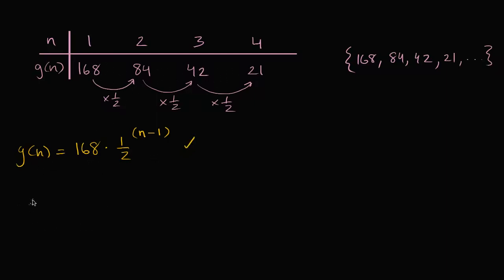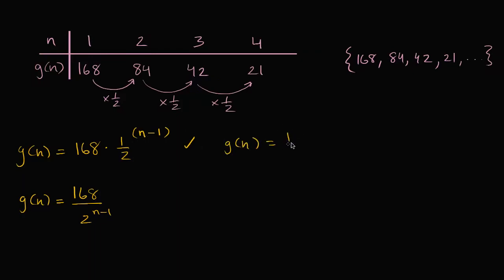And you could think of it in other ways. You could write g of n as 168, and I'm just algebraically manipulating it, over 2 to the n minus 1. Another way you could think about it is, let's use our exponent properties a little bit. We could say g of n is equal to 168 times 1/2 to the n minus 1.